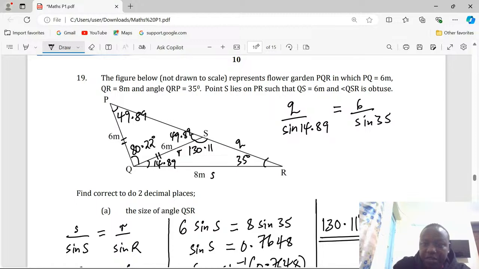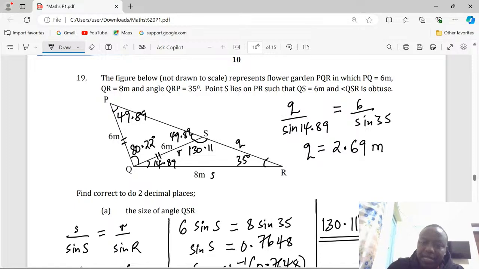So that remains with Q. We need to work 6 multiplied by sine 14.89, divided by the sine of 35. This is going to be exactly 2.69 meters.